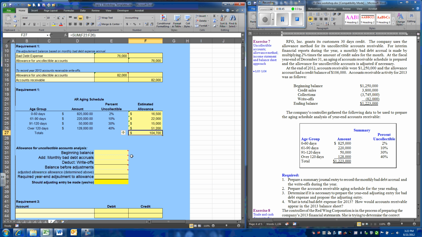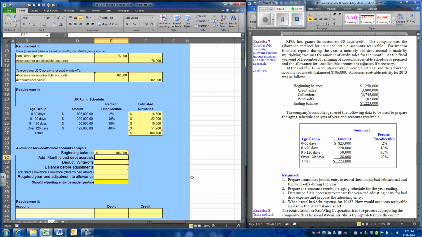Now let's do an analysis of our allowance account. Our beginning balance is given. We're told that our credit balance was 106,000.